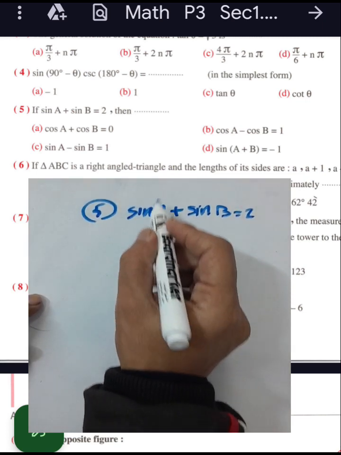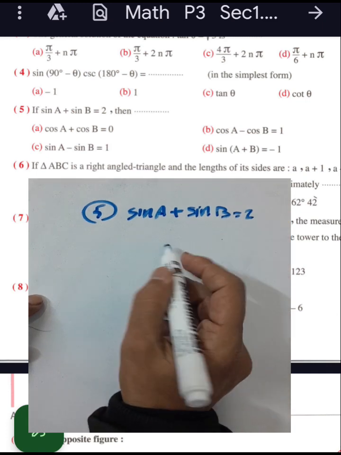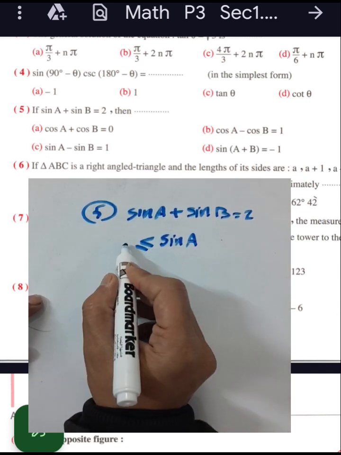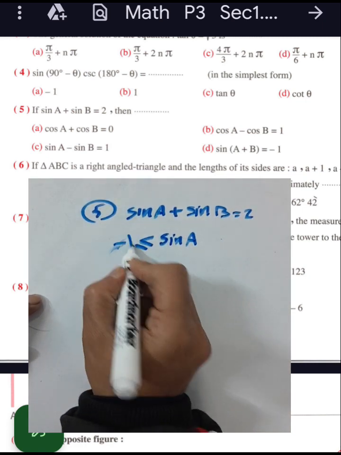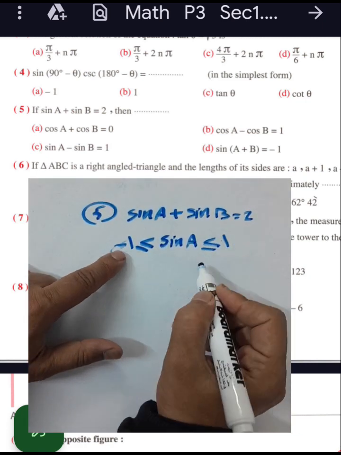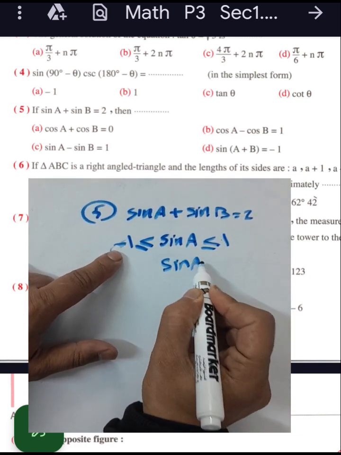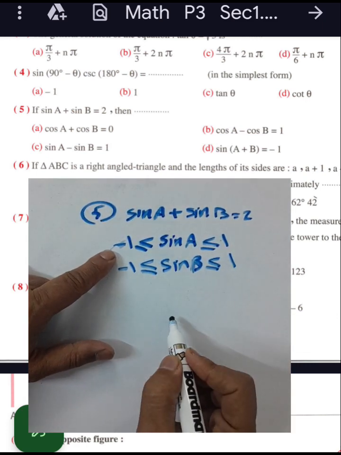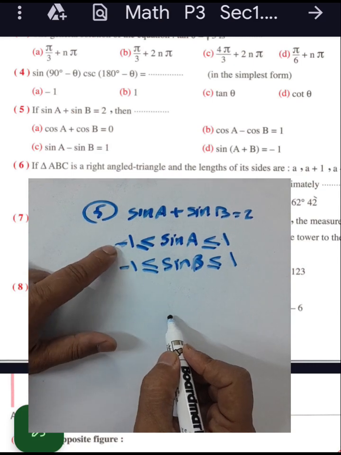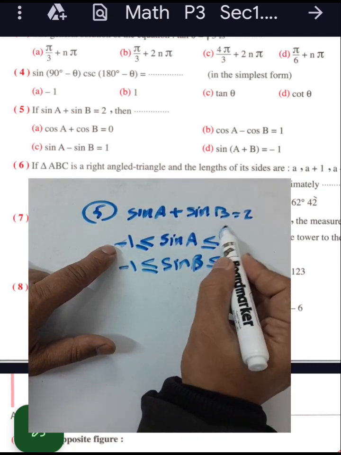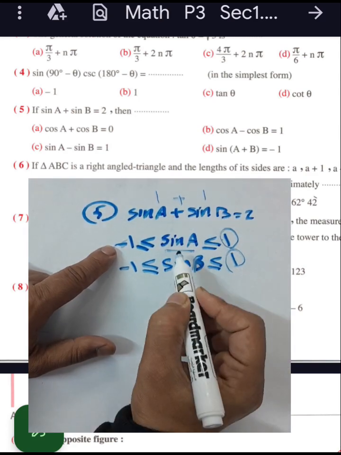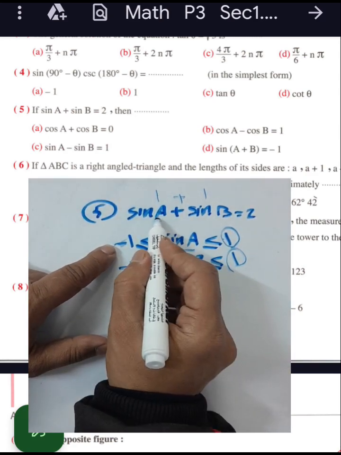We have 1 plus 1 equals 2, because sine of angle A is greater than or equal to negative 1 and less than or equal to 1, and exactly the same for sine B. Then the sum of them equals 2, which means sine A equals 1 and sine B equals 1. And what about sine of an angle equal to 1?